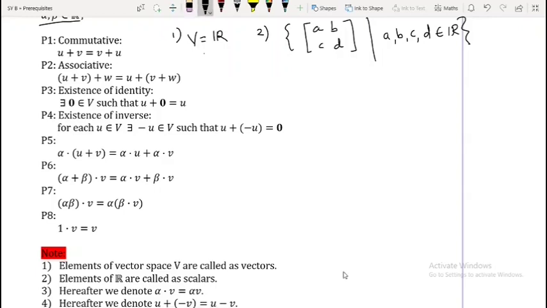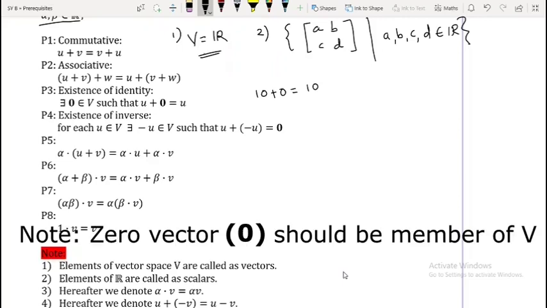So what is the meaning? I will give one example. For example, for this R, if you have 10, after adding which element to 10 will you get 10 back? You can easily guess that it should be 0. So for this first example, our bold 0 is going to be our usual 0. But the second example is nothing but a collection of matrices.